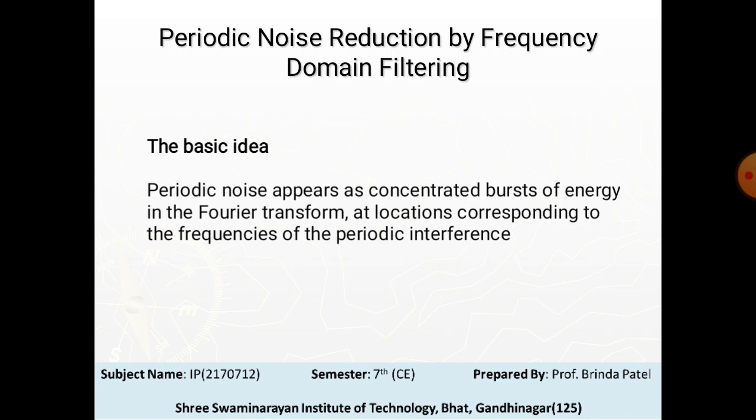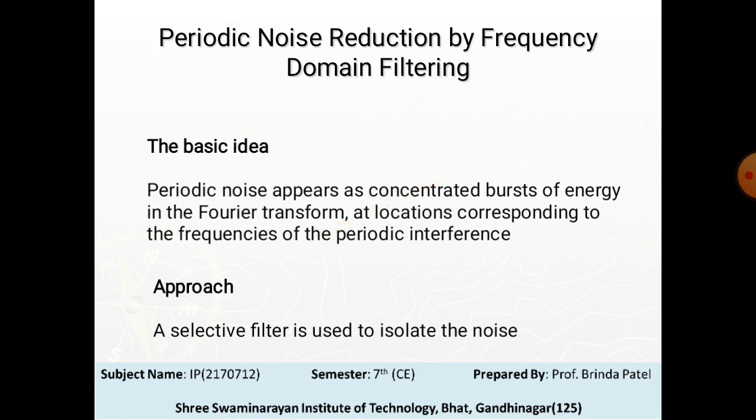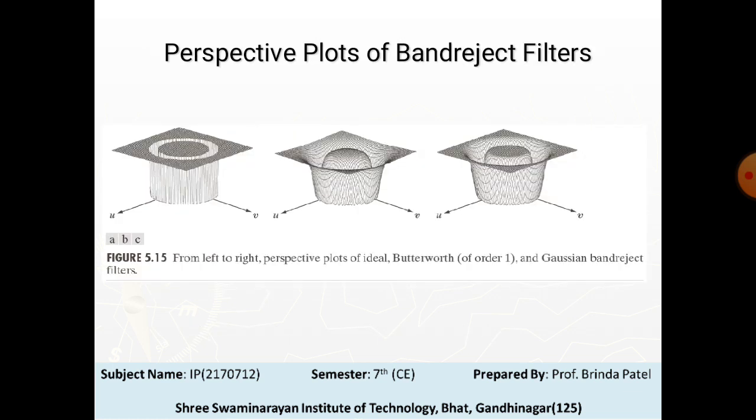The three types of selective filters which we have seen in chapter 4 are used for basic periodic noise reduction. Now band reject filters.